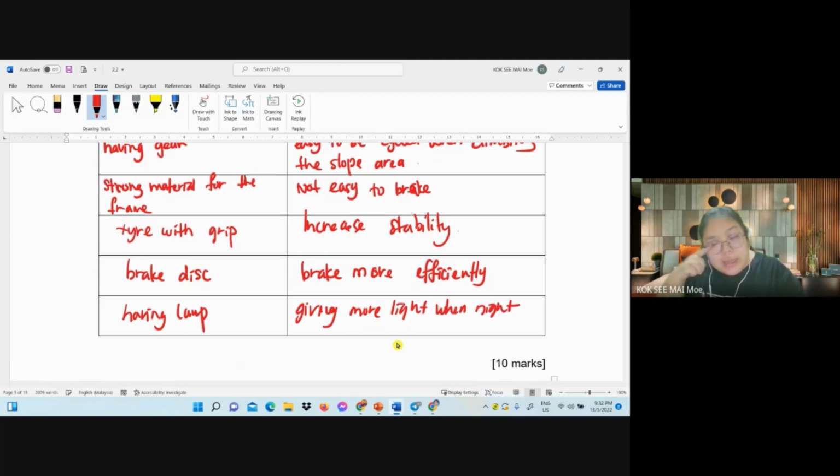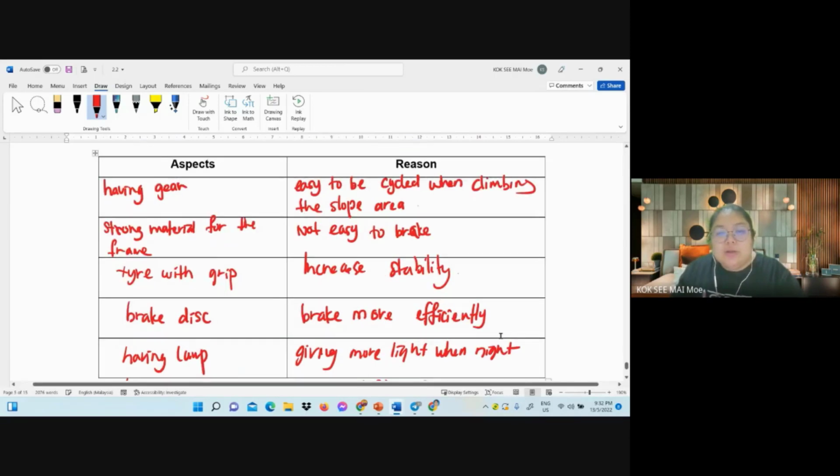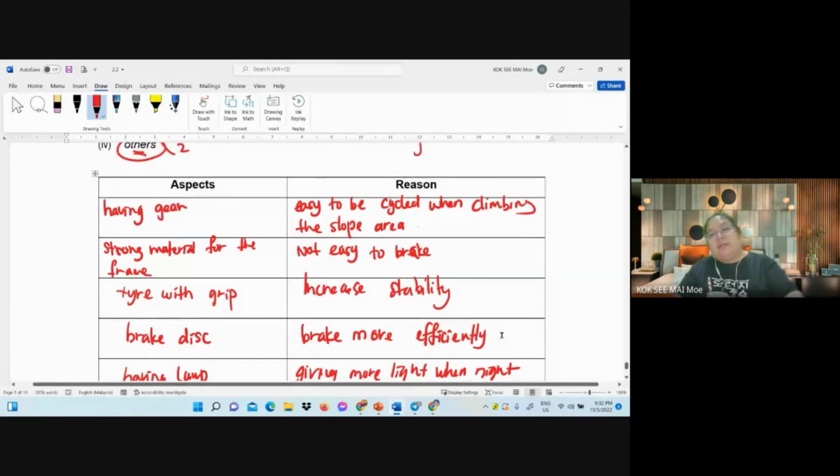Okay, some add more, having a horn or you ring the bell, as a warning sign. So this one has some extra for you. This one is an example for the question related with the bicycle.